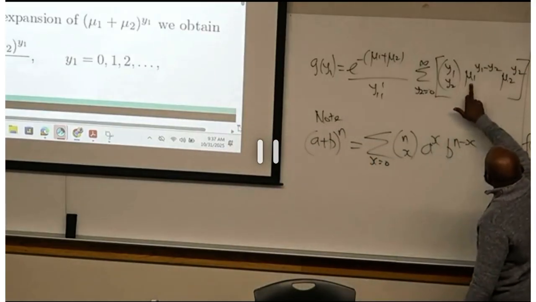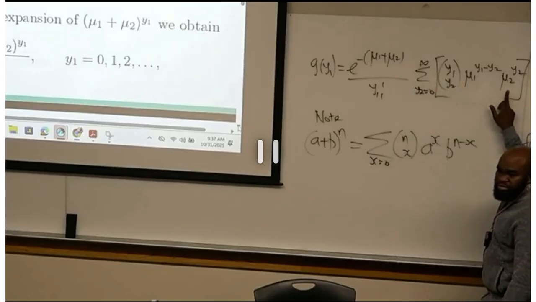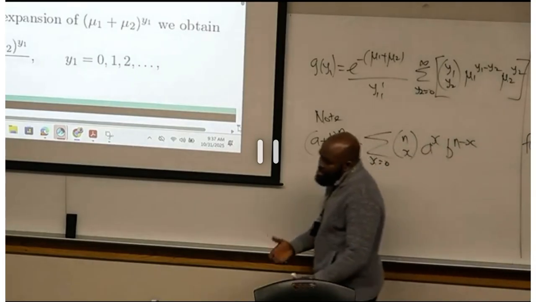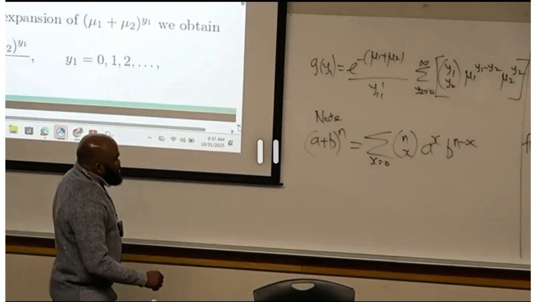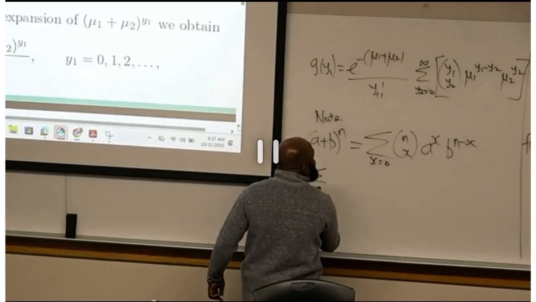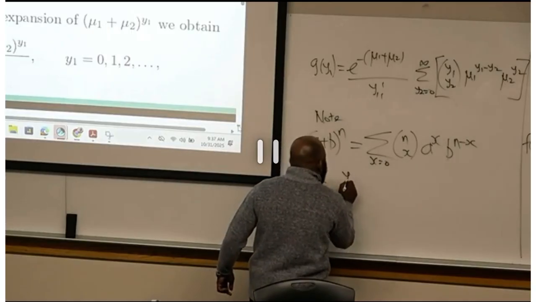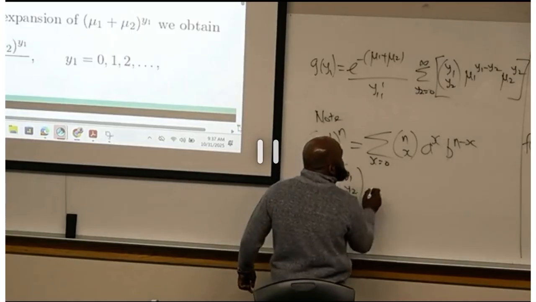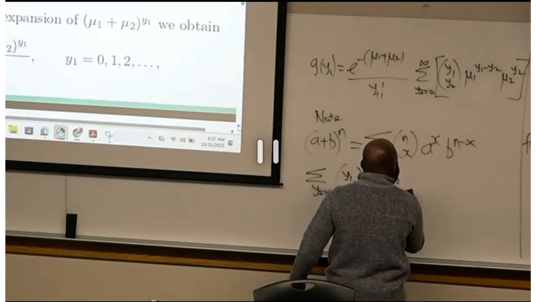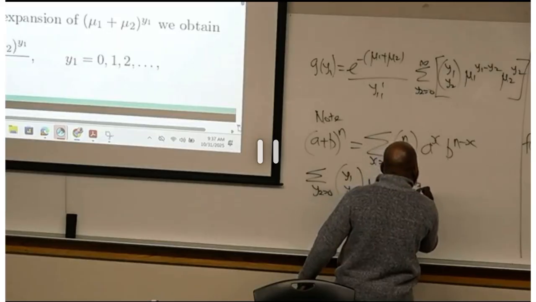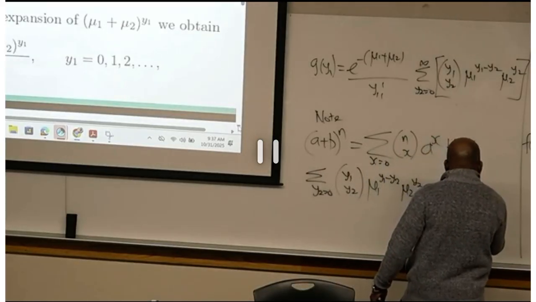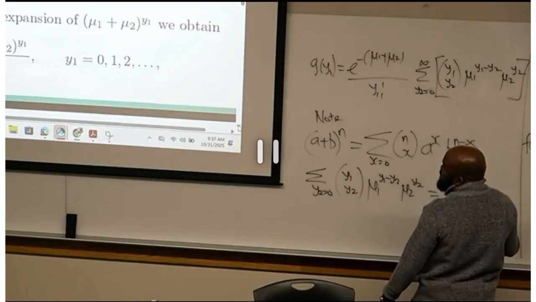One of them will be mu1, the other one will be mu2. Does that make sense? So in that regard, this summation, y2 starts from 0, y1 combination y2, mu1 raised to power y1 minus y2, mu2 raised to power y2, I can rewrite as (mu1 plus mu2) raised to power y1.